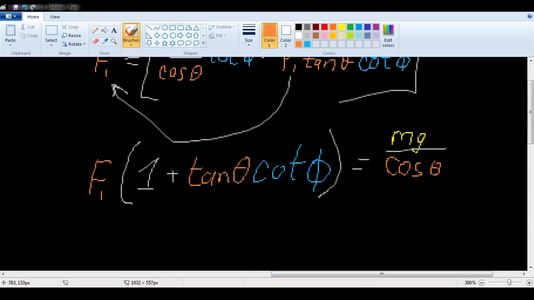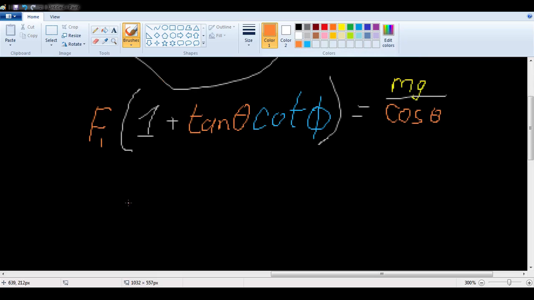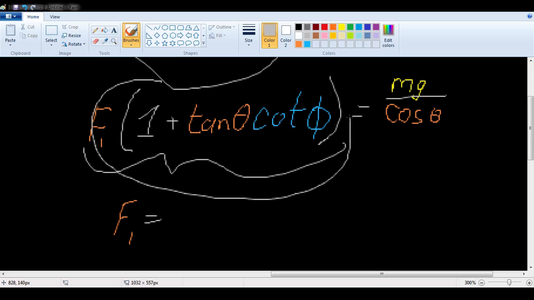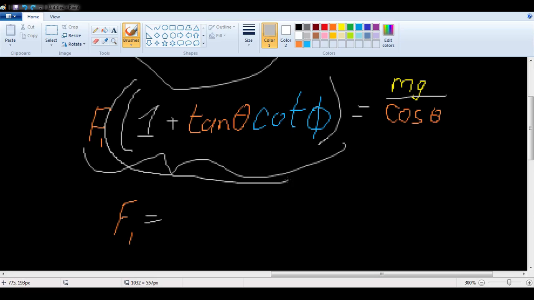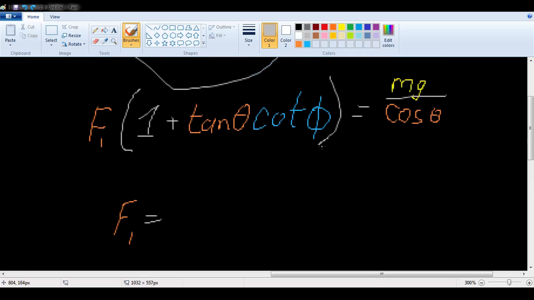So now we're just one algebraic step away from being completely finished here. So now I just want to isolate my f1 by dividing this whole side by this term. It's going to look a little messy, but it's physics, it's supposed to be messy. We're doing science here.